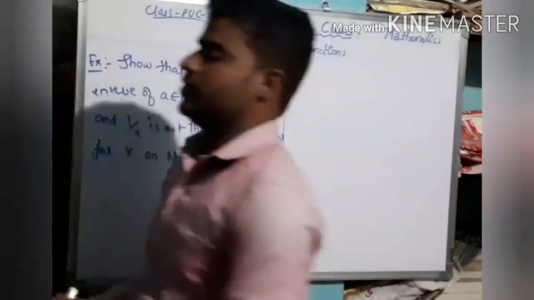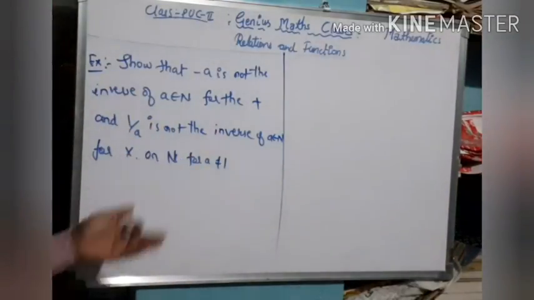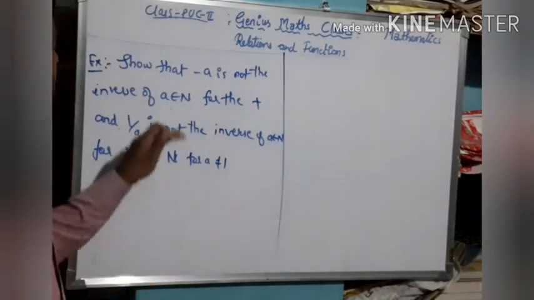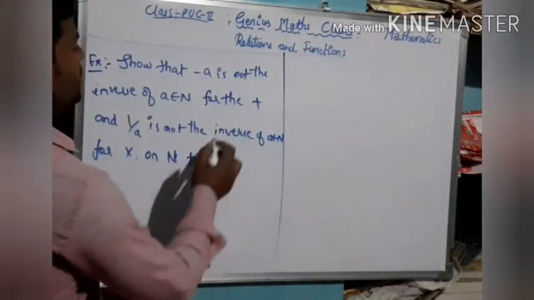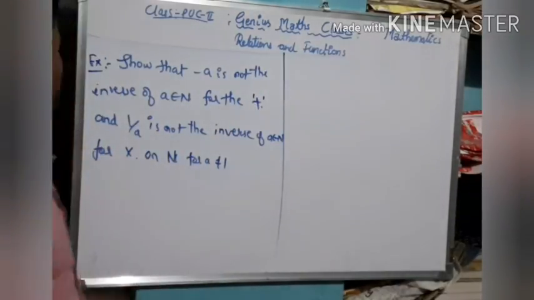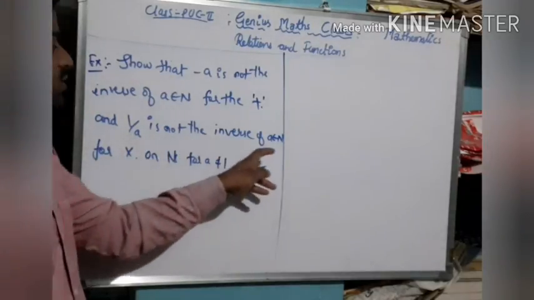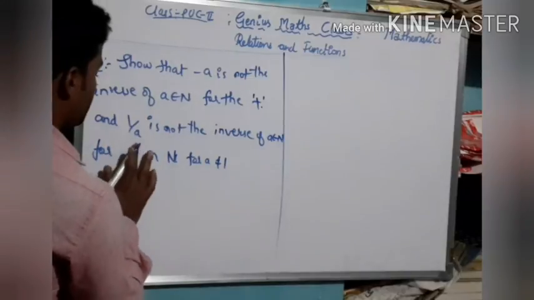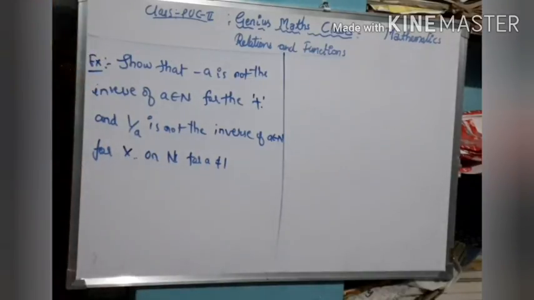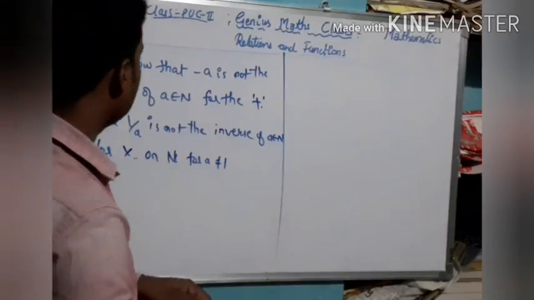Here I am considering one simple example. Show that minus a is not the inverse of a belonging to N for the addition operation, and 1 by a is not the inverse of a belonging to N for the multiplication operation on N, for a not equal to 1. So why?